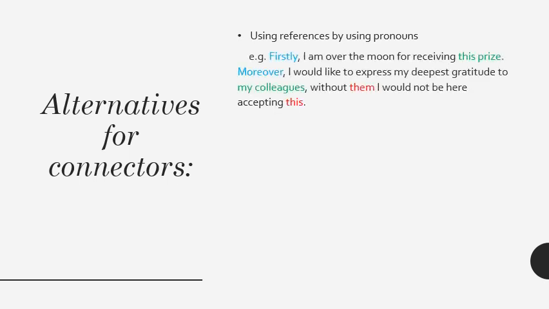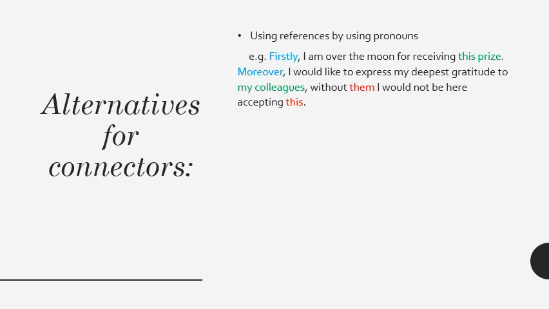Look at that example. Firstly is a connector, of course, cohesion, cohesive ties. I am over the moon for receiving this prize. Moreover, firstly is like moreover. Both are cohesive ties. I'd like to express my deepest gratitude to my colleagues.